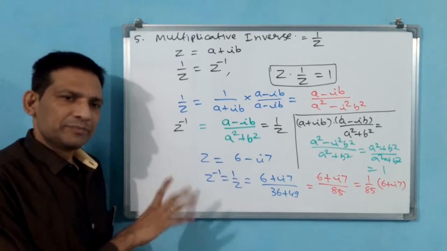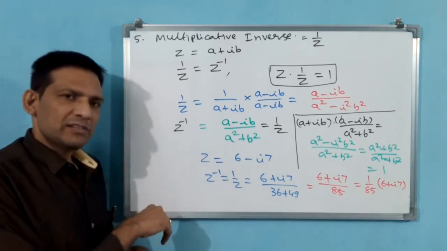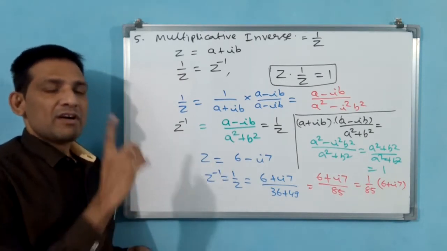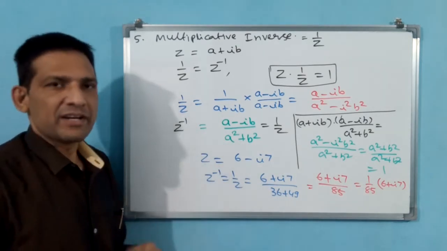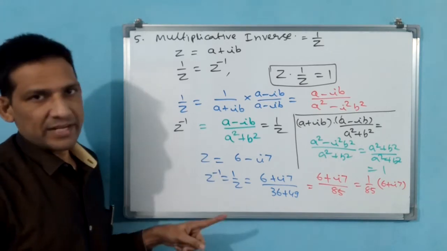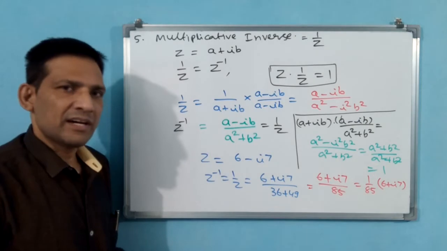For addition also commutative law is there, multiplication also commutative law. For addition also associative law is there, here also multiplication associative law. For addition, additive identity is there, here multiplicative identity we have seen. For addition, additive inverse we have seen, minus z. Here, multiplicative inverse we have seen, 1 by z or z inverse.